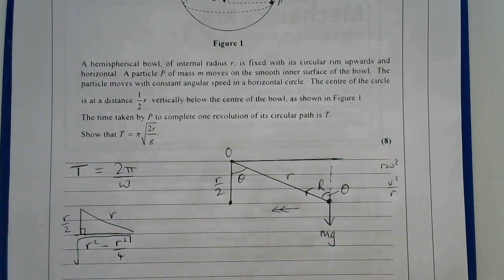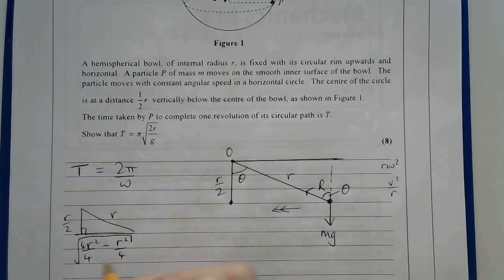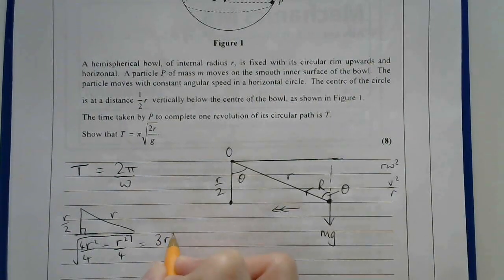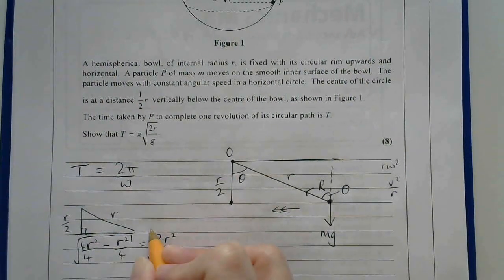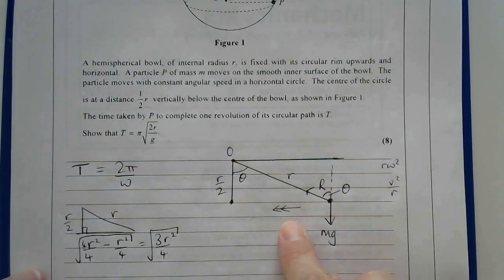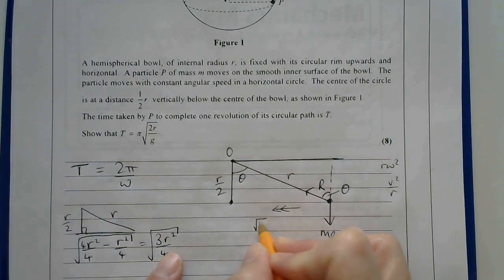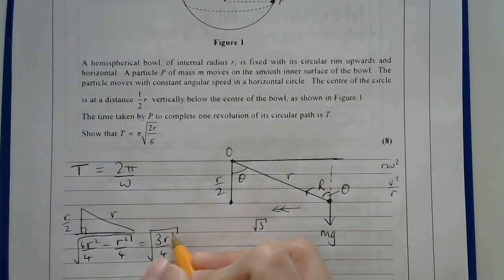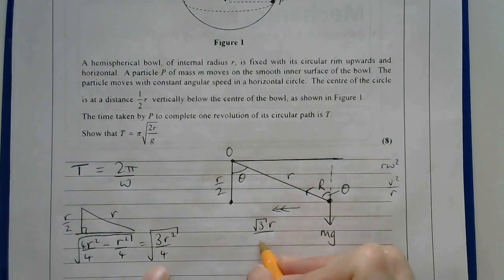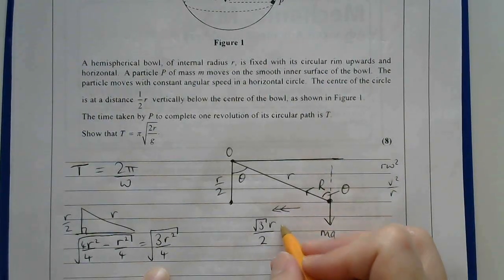So this would be 4r squared over 4 minus r squared over 4 would make 3r squared over 4, all square rooted. So the radius would be this, which is root 3 r squared square rooted would make r, 4 square rooted would make 2. So that is the radius of the circle multiplied by omega squared.